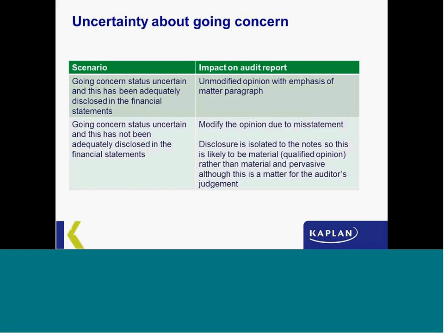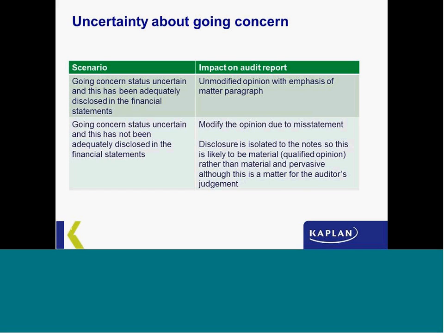If it's disclosed, that is what they would have done. Again, it's an unmodified opinion with an emphasis of matter paragraph to draw shareholders' attention to the uncertainty. The accounts are true and fair, the profit is properly prepared, and the director's report is consistent. However, there is potentially a significant issue.